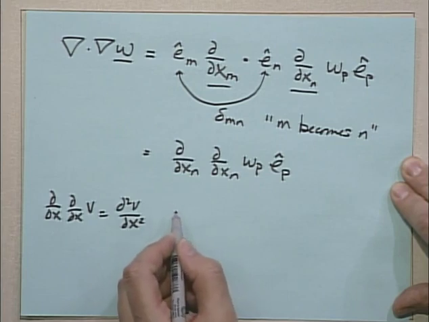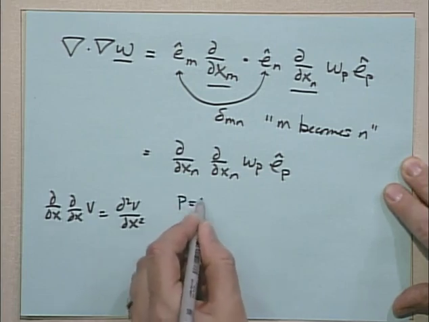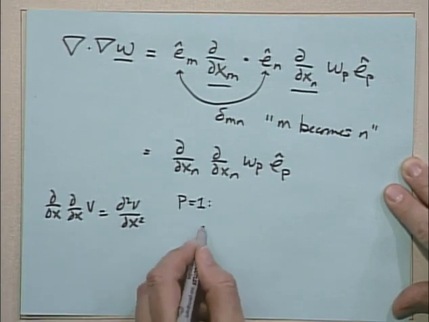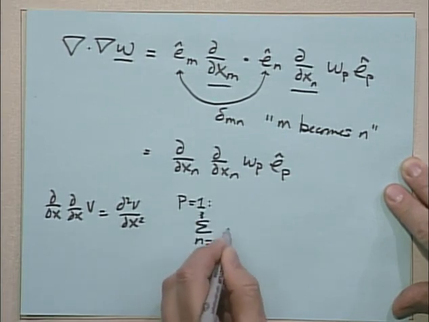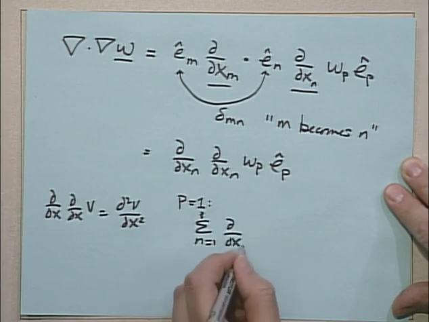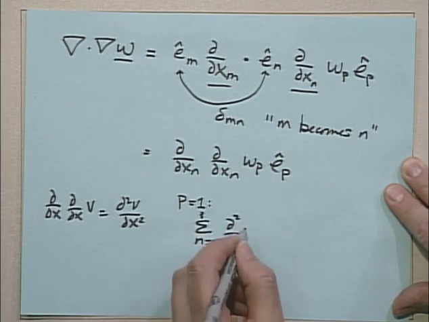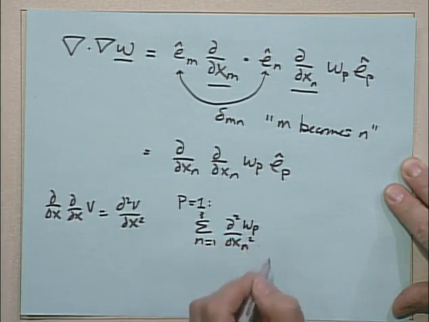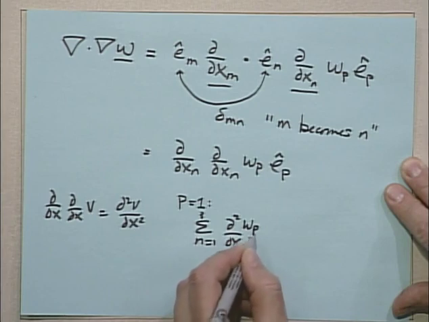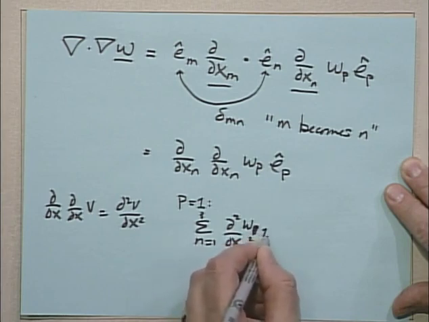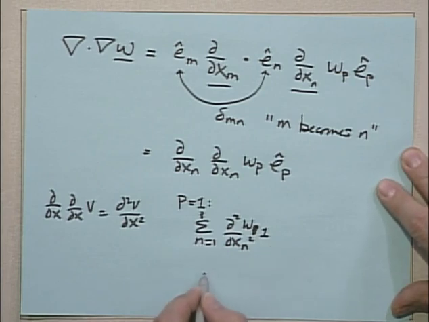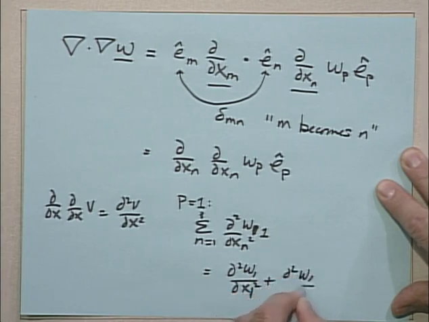So this is, let's do the p equals 1 component of this vector. It's the summation n equals 1 to 3 of d by dx n partial WP, like this. Excuse me, W1. So this is equal to second partial W1 with respect to x1 squared plus second partial W1 with respect to x2 squared plus second partial W1 with respect to x3 squared.